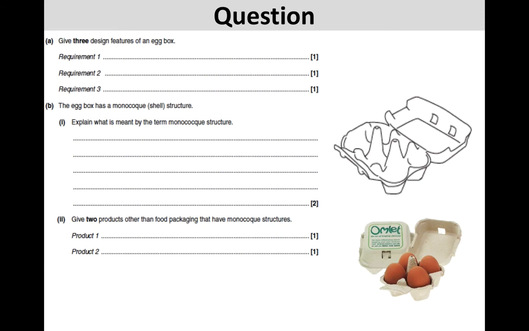So look back over your notes and explain what that means. Monocoque or a shell structure. And then can you give 2 examples of products, not food, other than food packaging, that have a monocoque structure? So like a single piece of material that creates the structure itself.